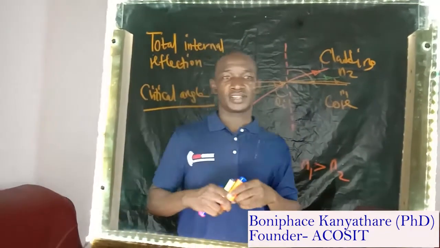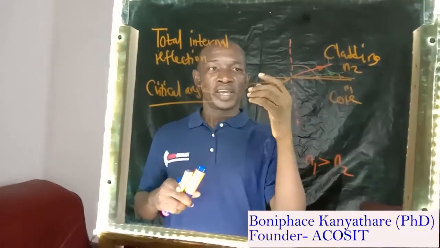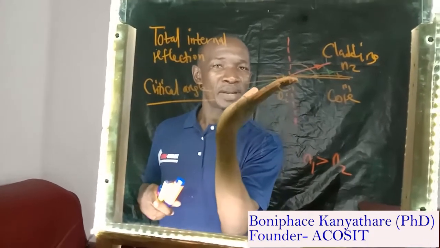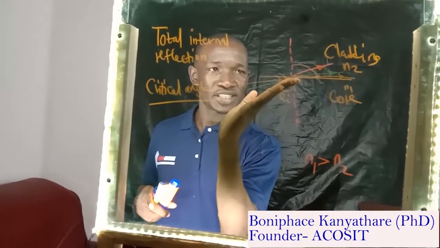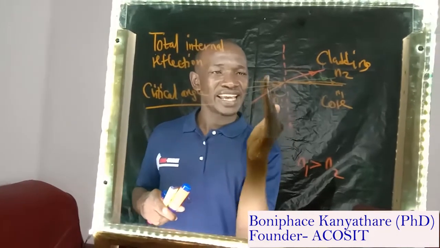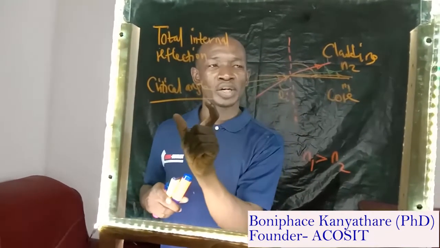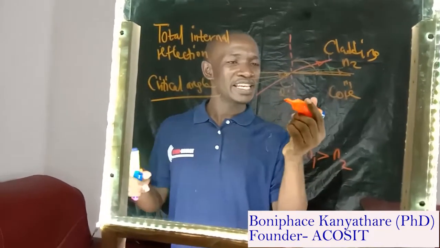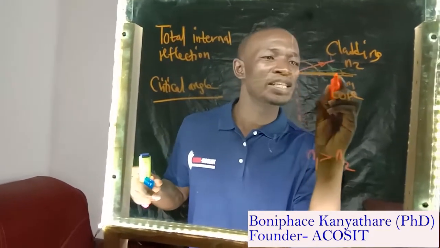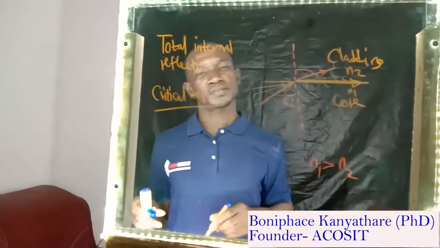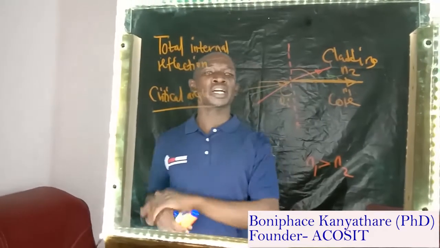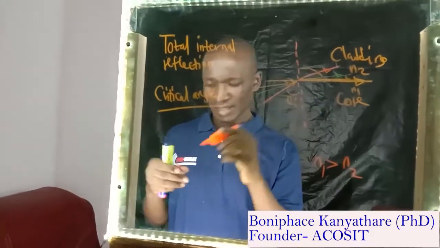It means if we apply our incident light at an angle equal to critical angle, our ray is going to align itself completely along the interface. That is critical angle.